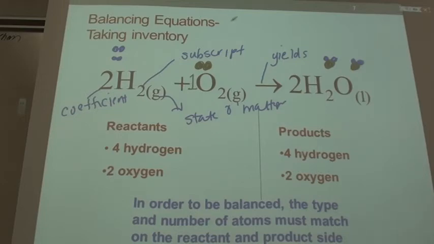Write yourself a note right now. I don't care where you write it, on your paper, on your neighbor, on the side, upside down. You may balance by changing, and this has to be in capital letters, yelling at you, COEFFICIENTS.